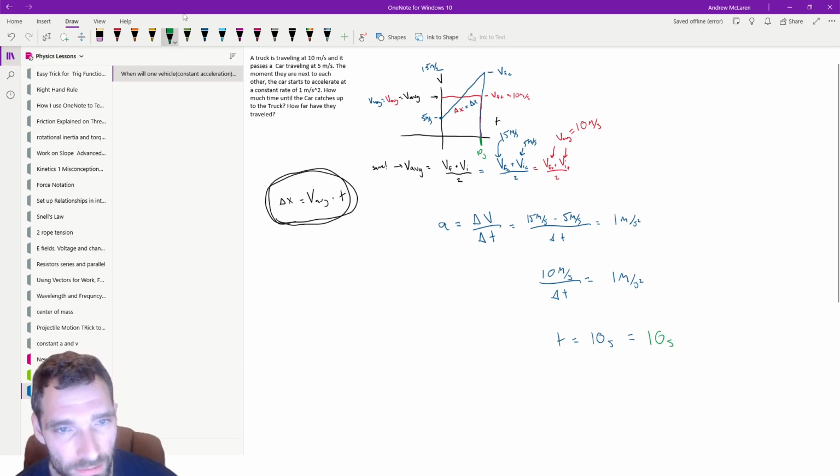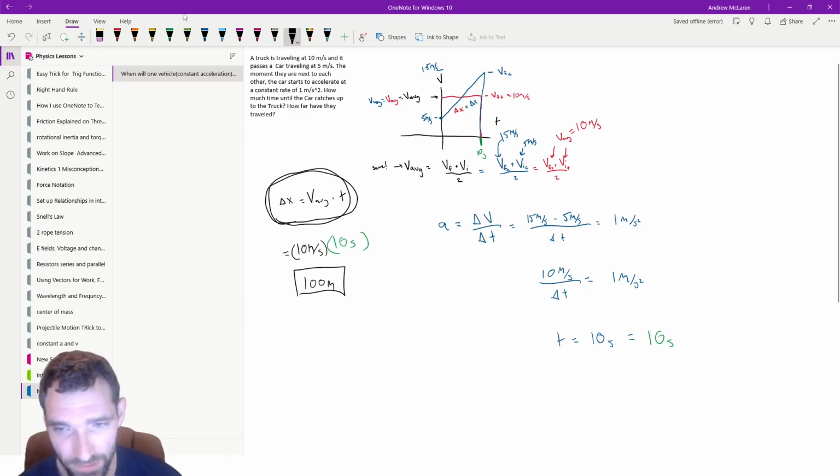If we look here, our time was 10 seconds for both of them. Our V average for both of them is going to be 10 meters per second, meaning that the distance traveled is just 100 meters for our final answer.